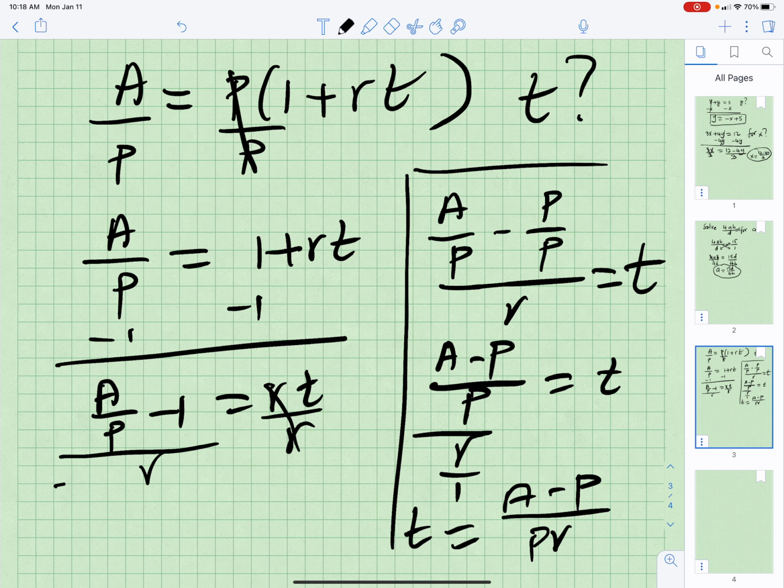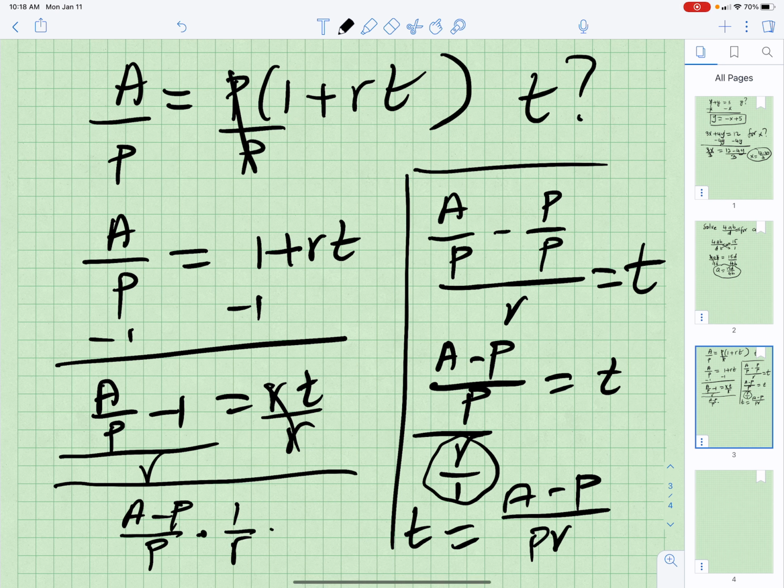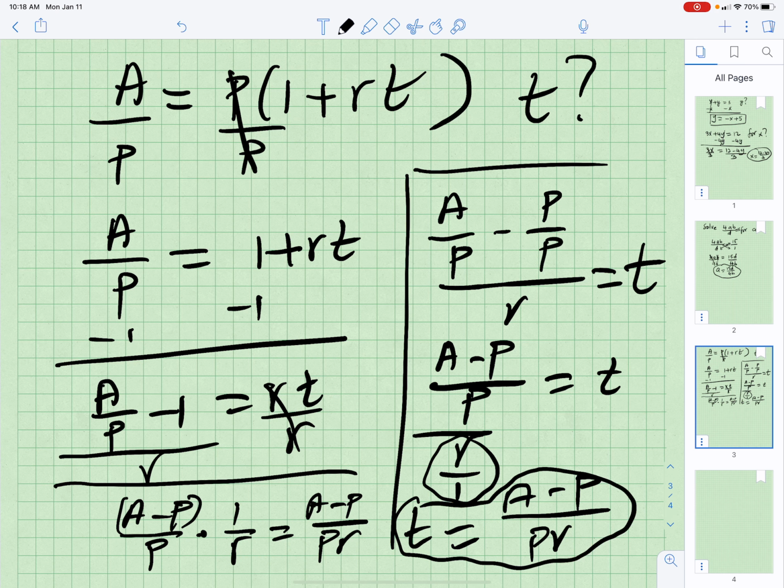Again, we flip this over, so times 1 over r. So a minus p times 1 is a minus p. And p times r is just pr. So which is what we have here, right? So t equals a minus p divided by pr.